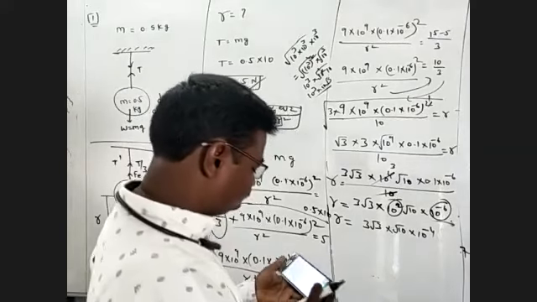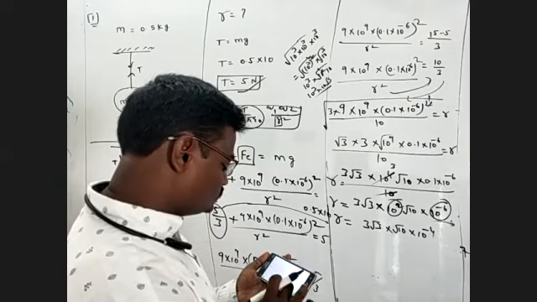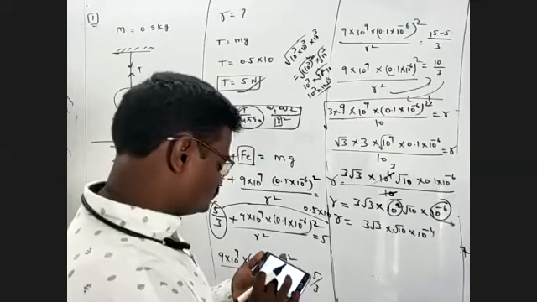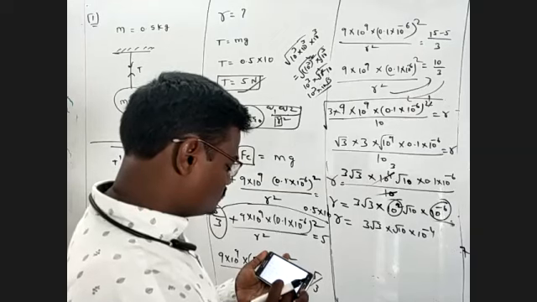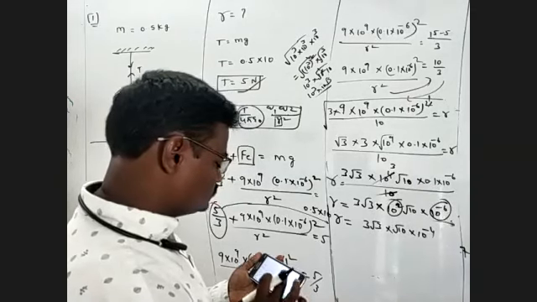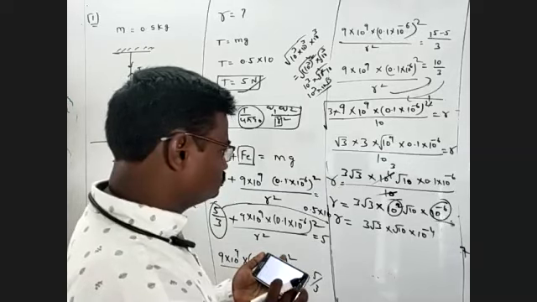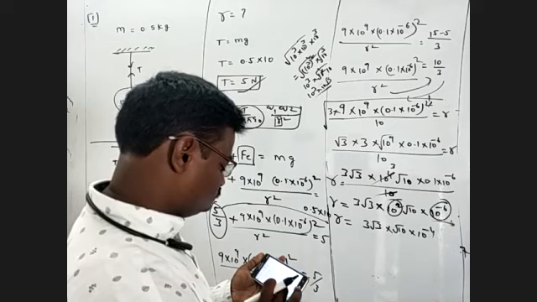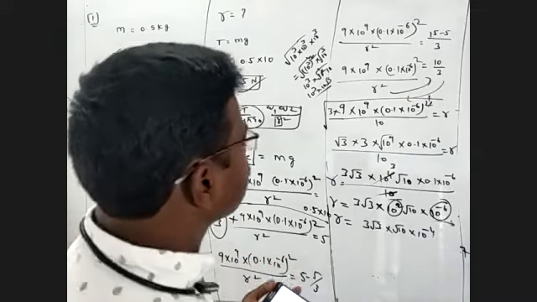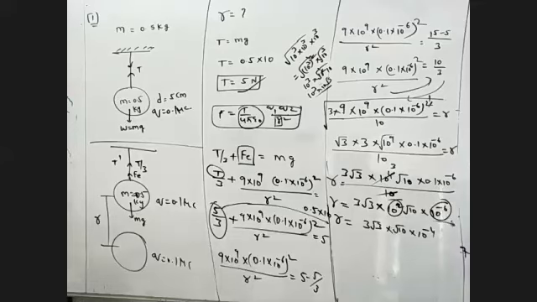Now your value is 3 root 3 into root 10 into 10 power of minus 4 minus 6. 0.5 into 10 power of minus 2.